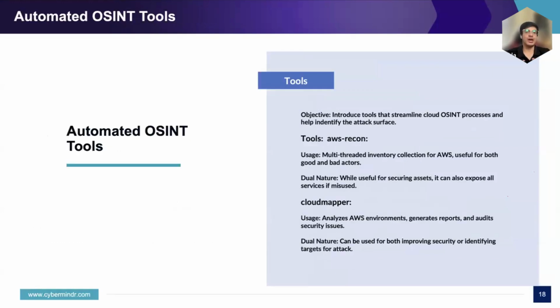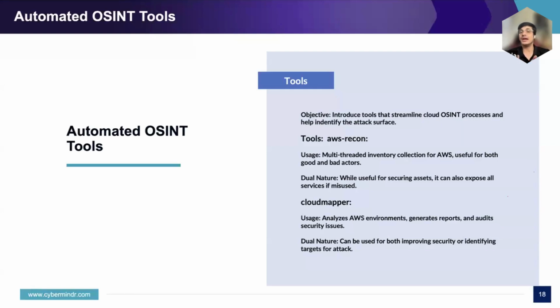Before going to that, these are some tools. AWS Recon and Cloud Mapper are the tools. So if you have some idea, like you got maybe an access key or the secret key or the account ID of an organization, what attacks you can try, what things you can try, you can look into these tools. Because it's a slide, I'm just covering two tools.